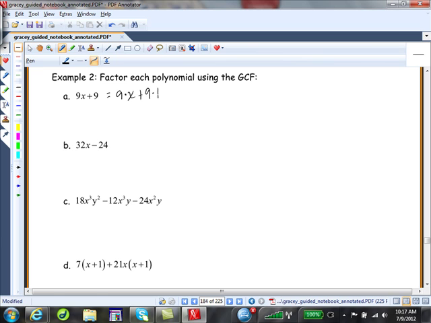Now, remember, we're using a times b plus a times c equals a times the quantity b plus c. And these are the a's. And then b is here and c is here. And of course, you can have more than a binomial. It could be a trinomial or more.